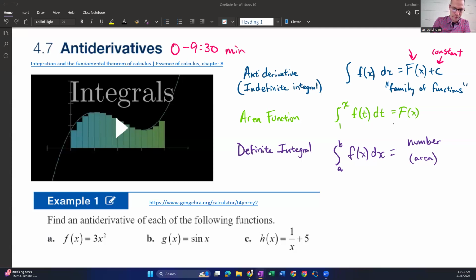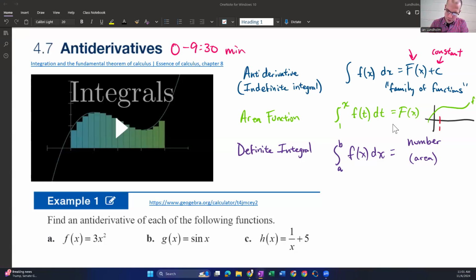There's not much room. Let's go ahead and do a little drawing. F of t. We could make an area function where we start at some fixed value. Maybe we're starting off at the x value, x equals 1.